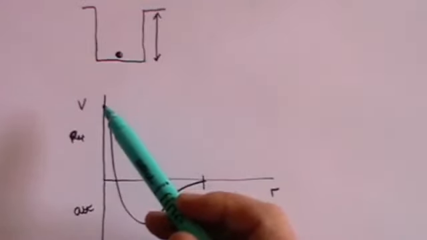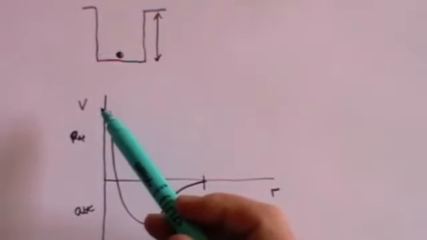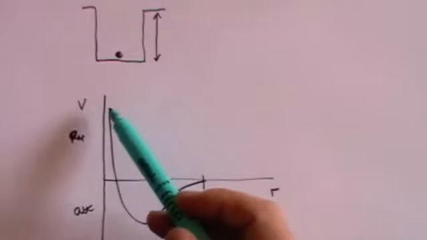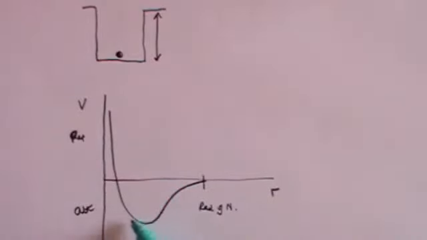There must be something that allows the nucleus to maintain a shape and a size. If the nuclear force were entirely attractive, then the whole thing would squash together rather like a black hole. But down here, the force is attractive. That is to say, if two nucleons are this far apart, they will be pulled together.